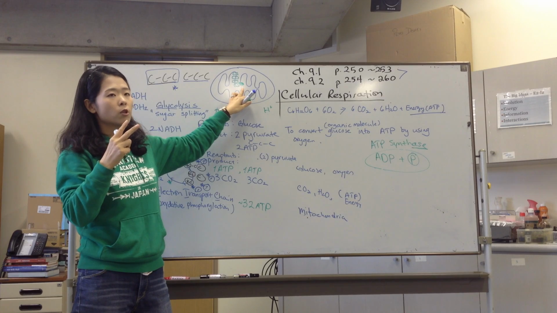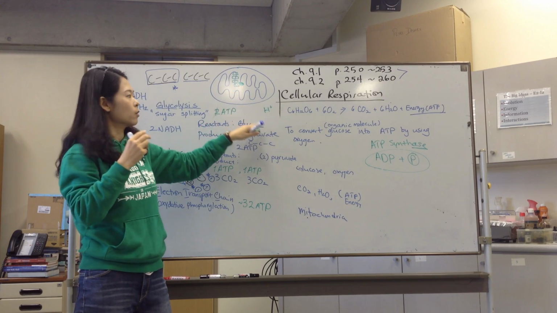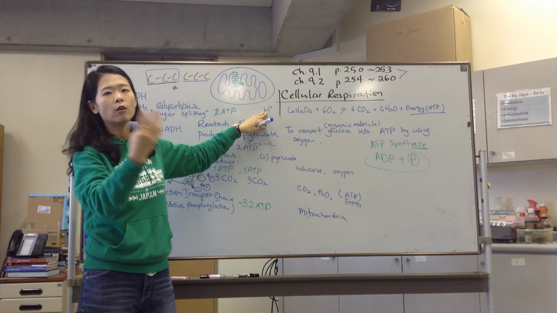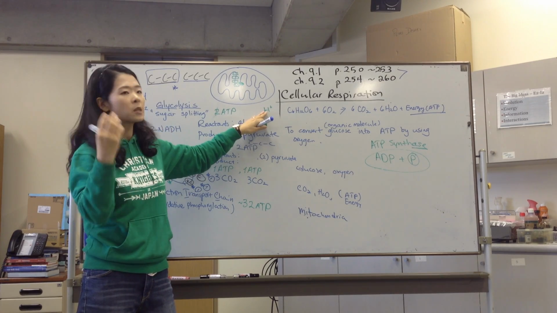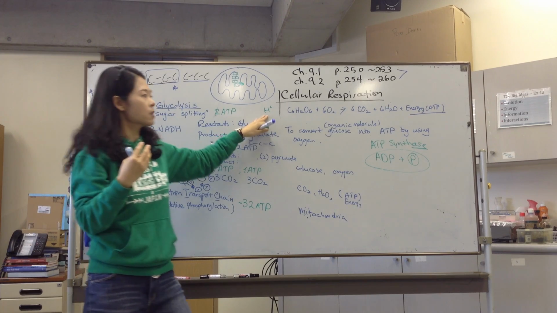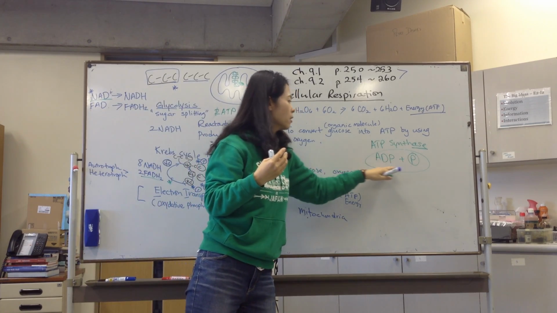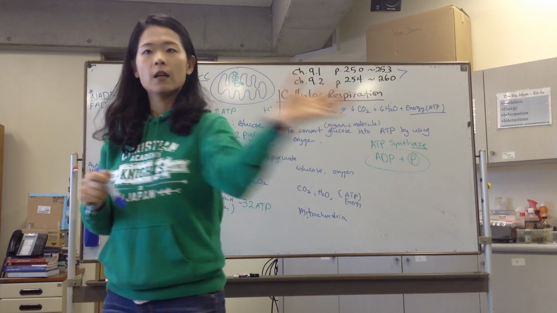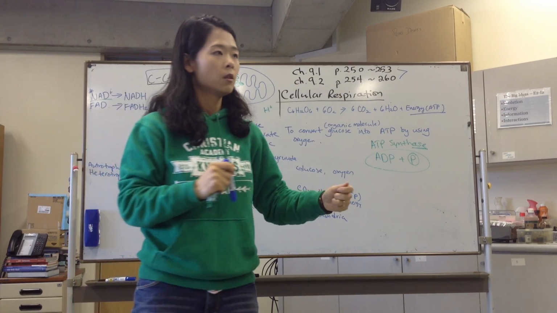The second structure of ATP synthase is like a rotor. It rotates, it spins. The spinning part of ATP synthase adds phosphate to ADP. As it spins, it takes the phosphate and pushes it to the ADP.